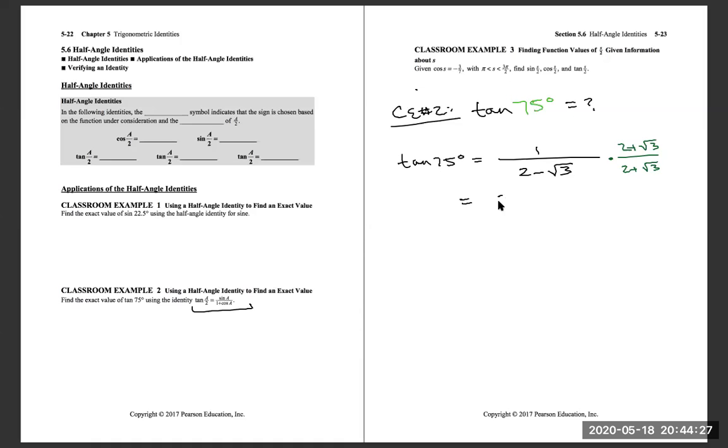On the top, we get 1 times the quantity 2 plus root 3, so we just get 2 plus root 3. On the bottom, we have 2 minus root 3 times 2 plus root 3. Top stays the same. Bottom, FOIL it out. You get 4 plus 2 root 3 minus 2 root 3 minus 3, because root 3 times root 3 is 3.